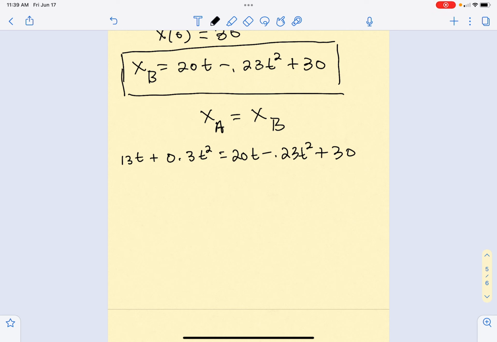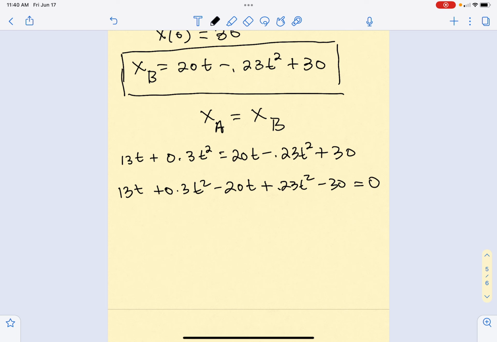Now, I'm going to bring everything over to the left side. So I'm going to have 13t plus 0.3t squared minus 20t plus 0.23t squared minus 30 equals 0.